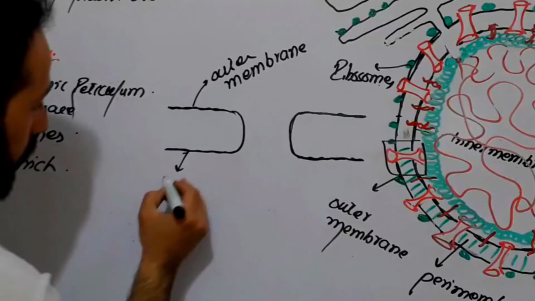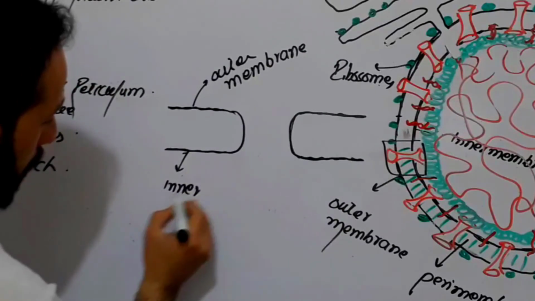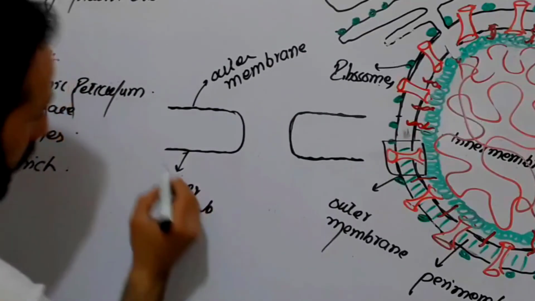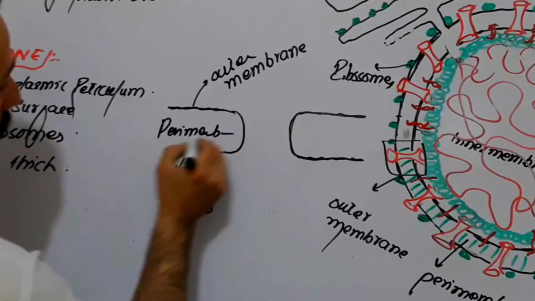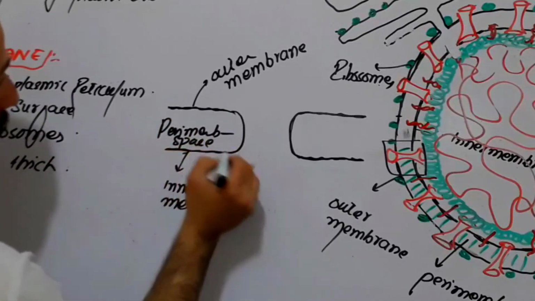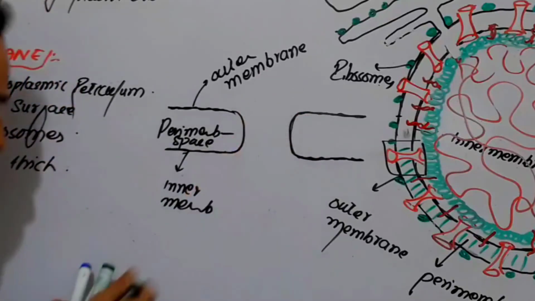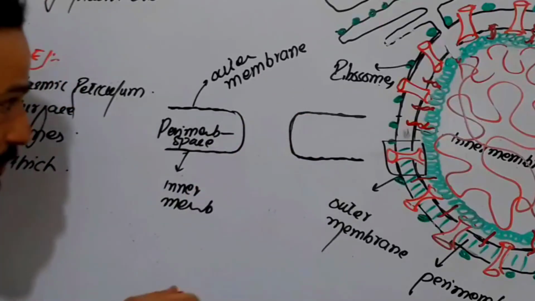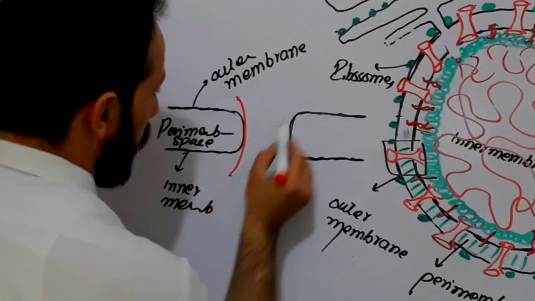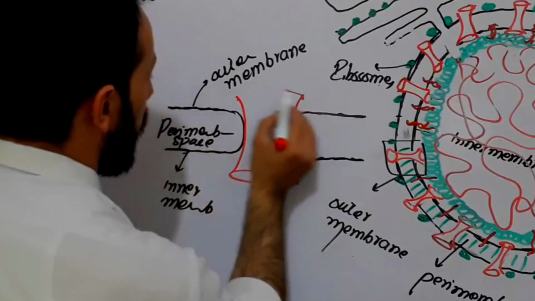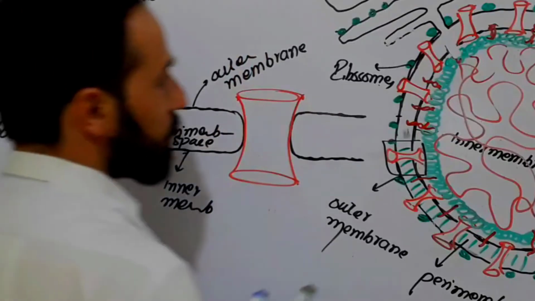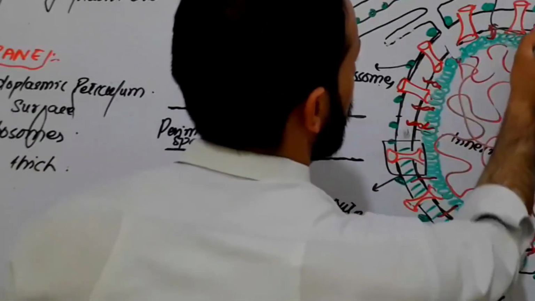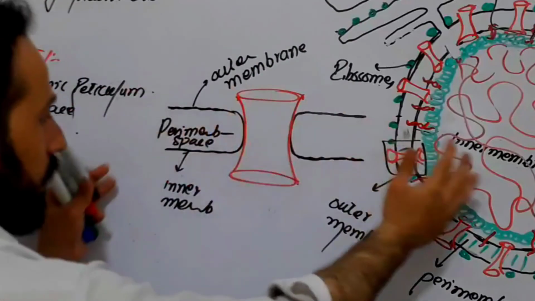This is the inner membrane. This is the perimembranous space, and in between there are pores. So we have told you that here are special protein channels, and these are called the nuclear pores. I have taken a small piece of it and enlarged it here.